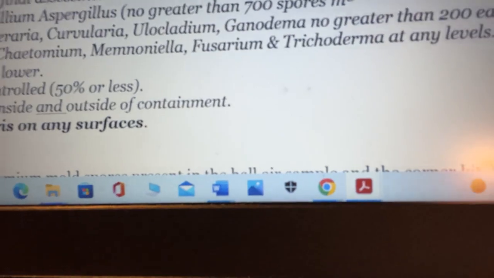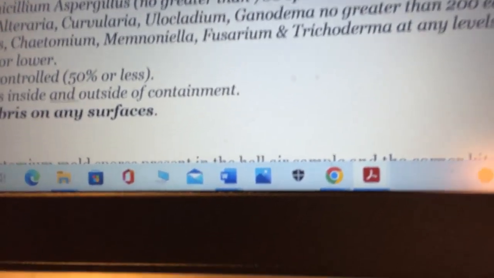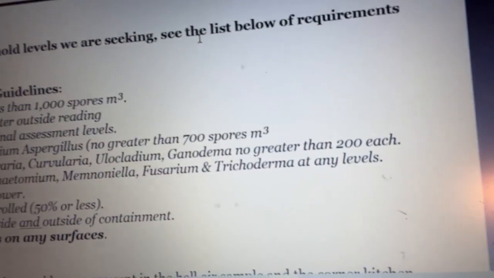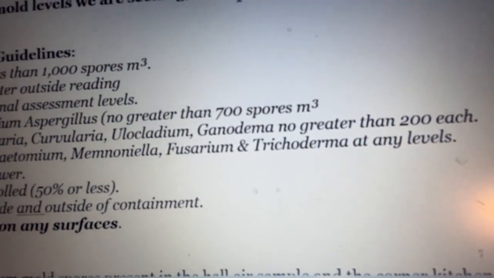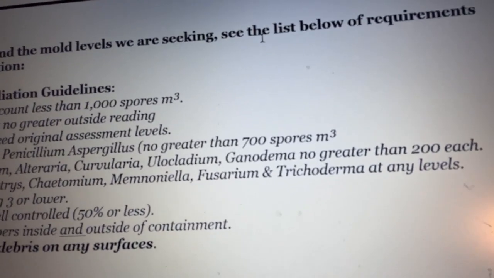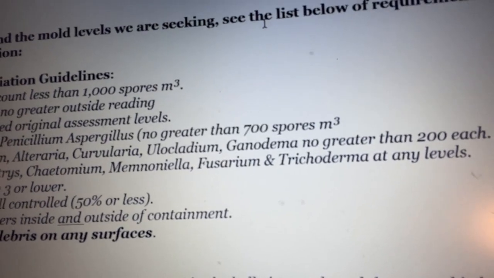A debris rating of 3 or lower is really critical also. And if you have no dust or debris, see number 11, no dust or debris on any surface, that's a huge problem. If I had to clear a property and go by every single one of these strictly, there's a lot of dust.